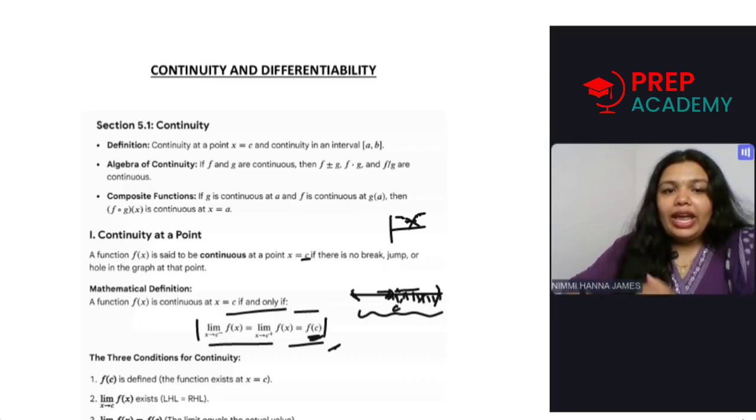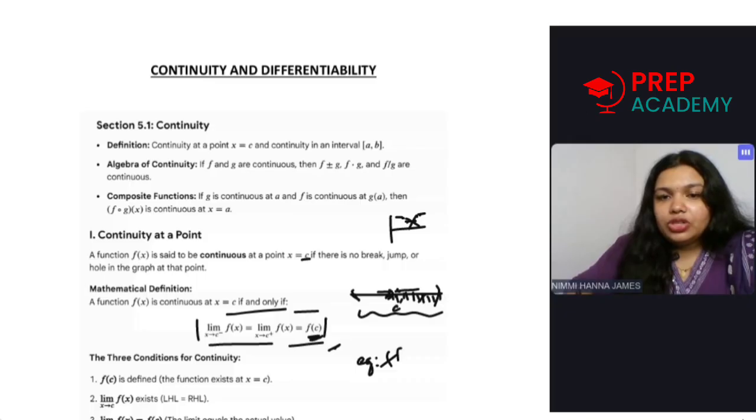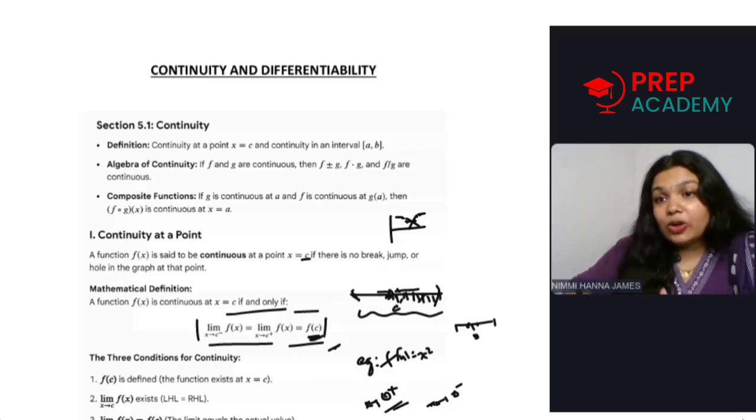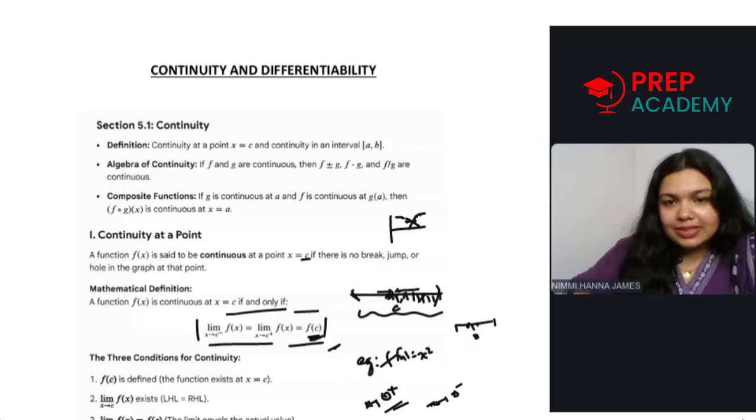Here, 0 plus is a positive quantity, right? The limit as x tends to 0 plus means 0 plus is a value on the right side of 0, that is positive. But when tending to 0 minus, it is on the left side, that is, a negative value. So that's what we mean by 0 plus, c plus, c minus, etc.